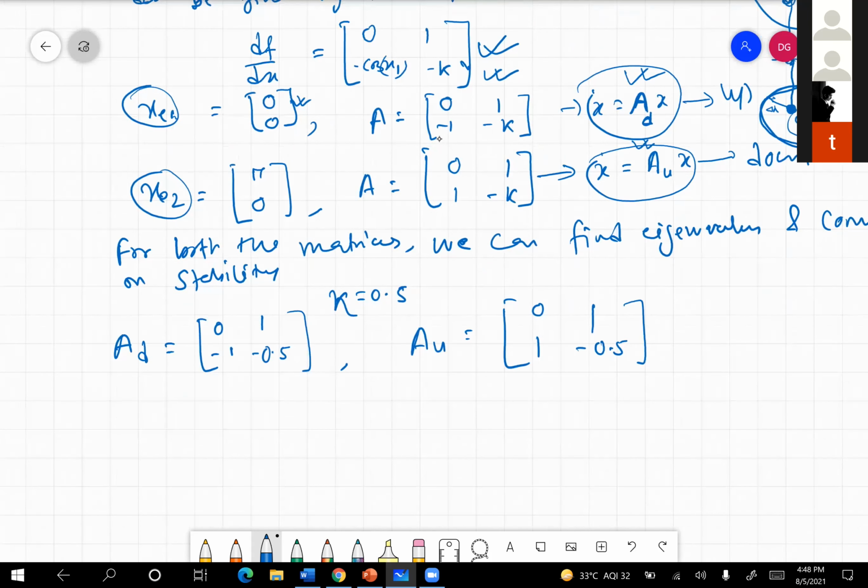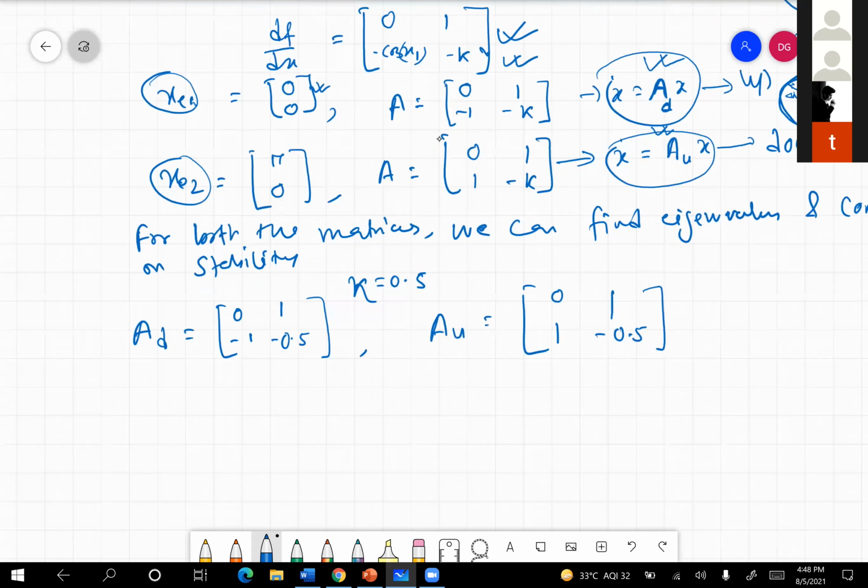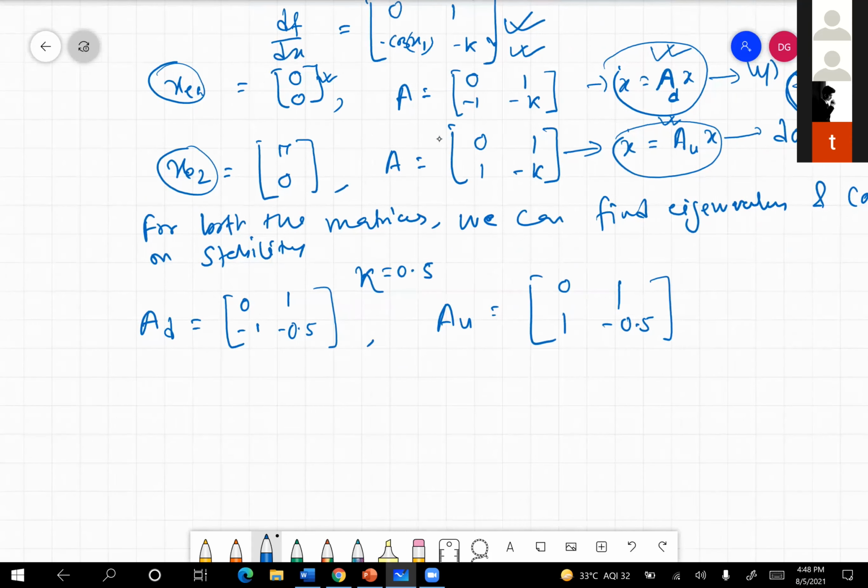So first let me write the eigenvalues for this matrix. If you remember, the eigenvalues you can find from the determinant of the characteristic equation, that is determinant of lambda I minus A equal to 0.